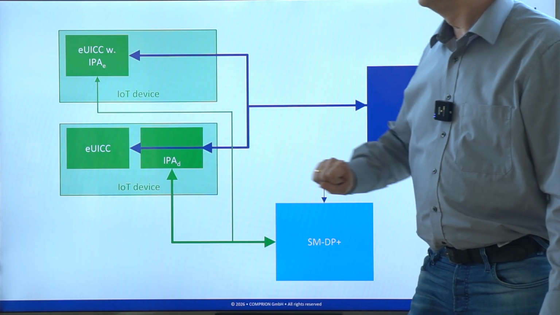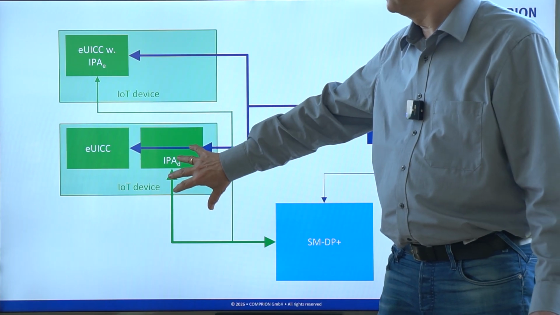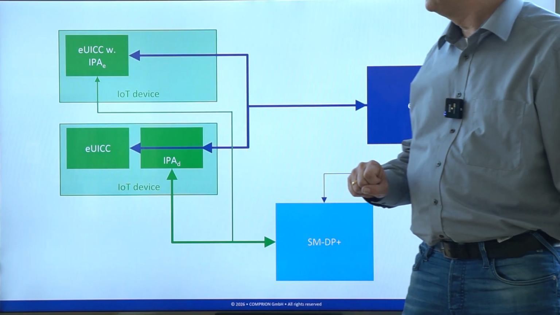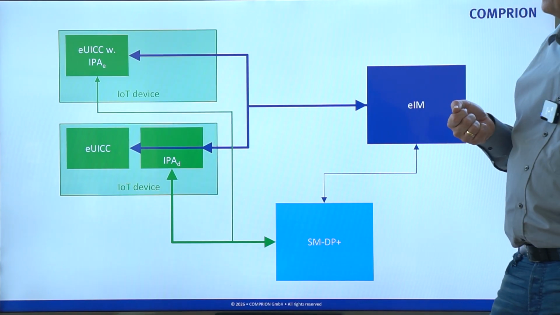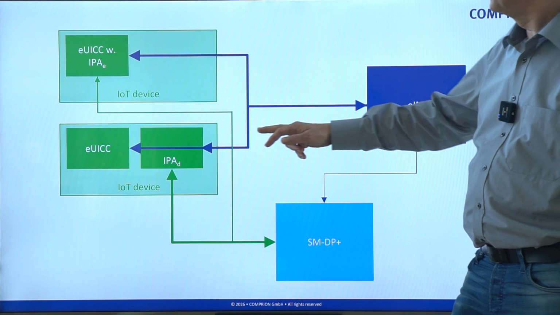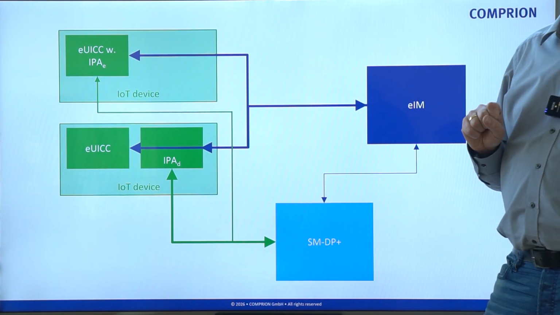If you look at the device architecture flavor with a dedicated IPA-D, which is part of the device, not part of the eUICC, this is something GCF is looking into at the moment. They have created a work item to test the interfaces of the IPA-D, which in theory looks good.